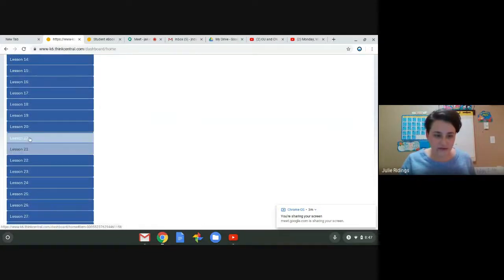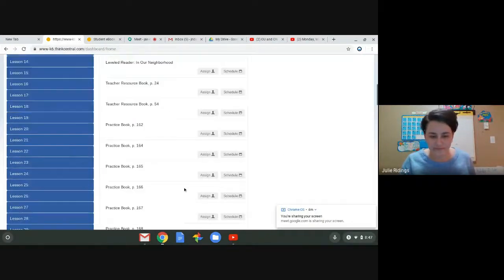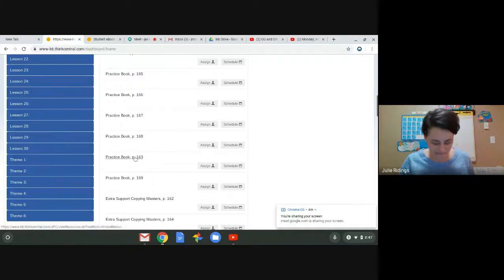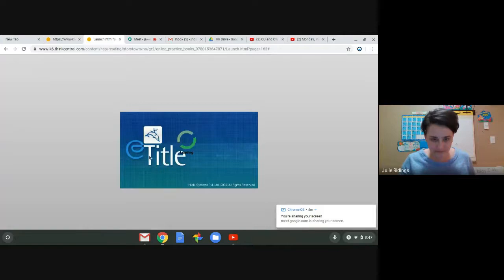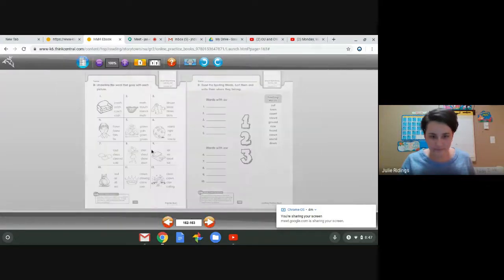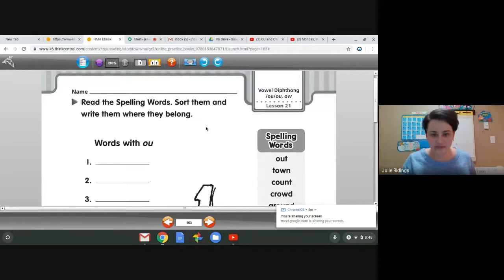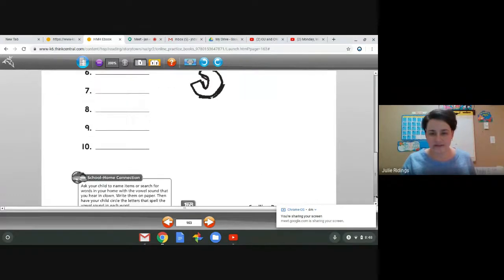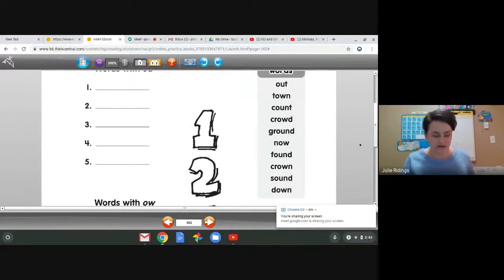Lesson 21. So we are on this page, boys and girls. Okay, if I scroll down to the bottom, it says page 163. Our spelling words, not really spelling words, but the words with the ow sound we're working with in reading this week.